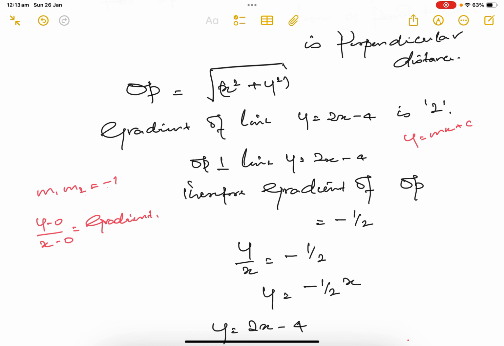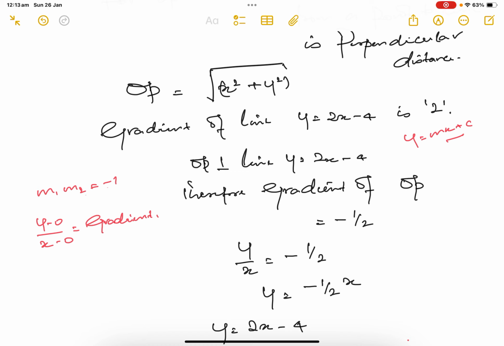From the equation in the form y equals mx plus c, m is 2. So the gradient of the line is 2. But OP is perpendicular to the line. Therefore, the gradient of OP is minus half.